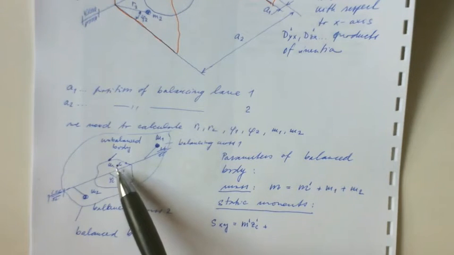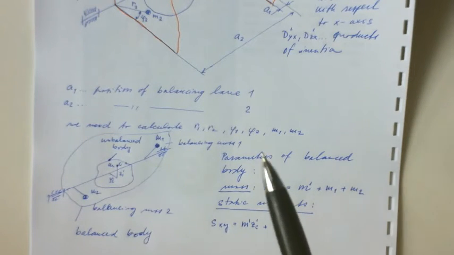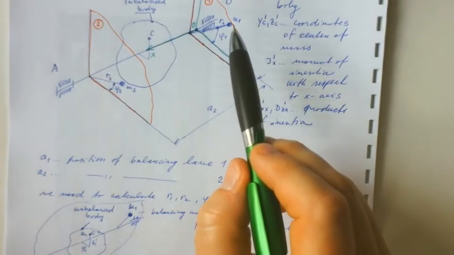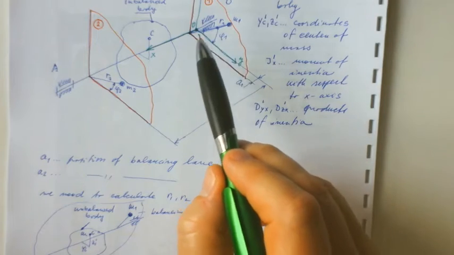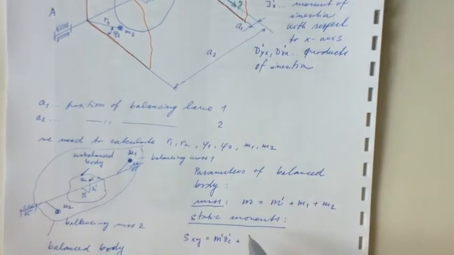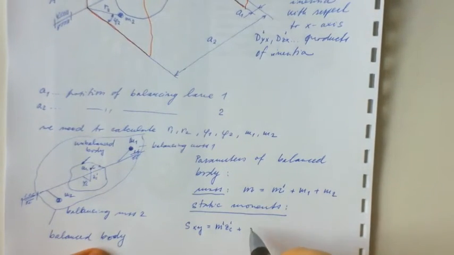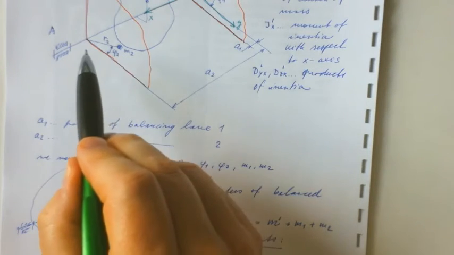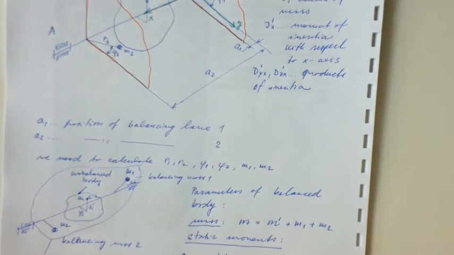The center of mass is at the zc coordinate, plus the z coordinate of m1, which is r1 sine phi1, plus the z coordinate of m2, which is r2 sine phi2.